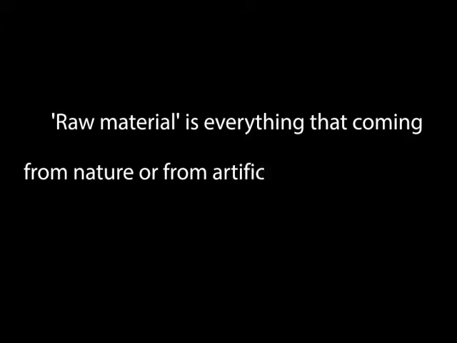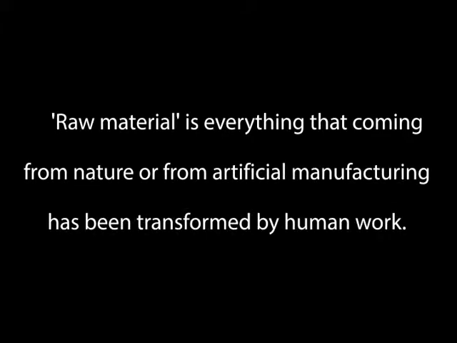A primary material is transformed into raw material when the worker makes an effort to extract the oil, the copper, any mineral, or when it comes from an animal, the work of nurturing, killing it, and getting the leather. Raw material is everything that, coming from nature or from artificial manufacturing, has been transformed by human work. So we now have the definition of raw material and primary material. And we have the distinction between main raw material and secondary raw material.